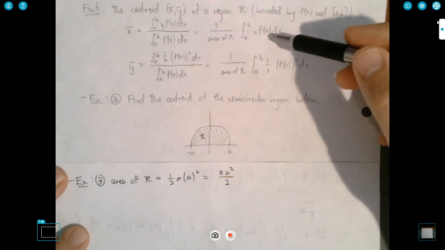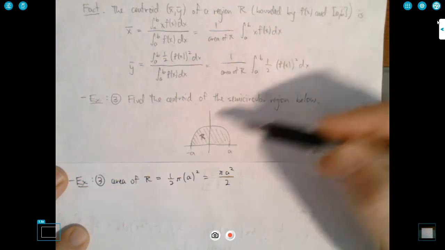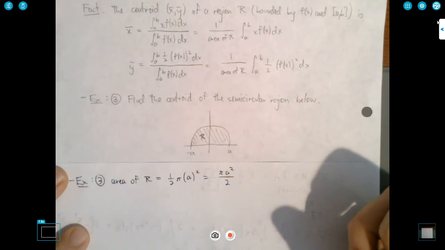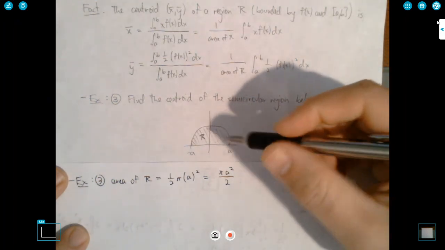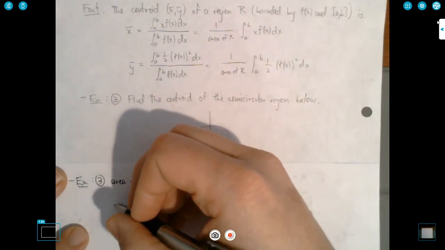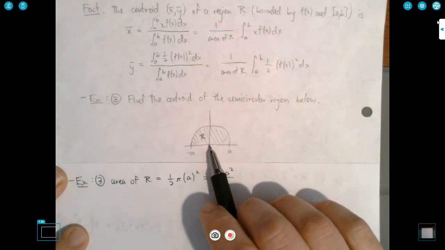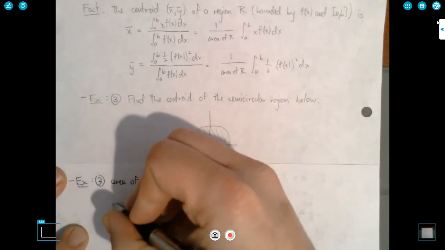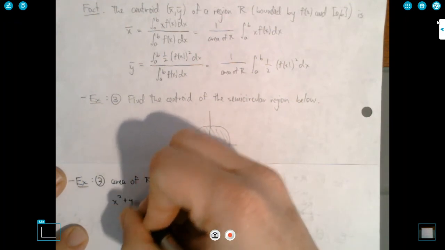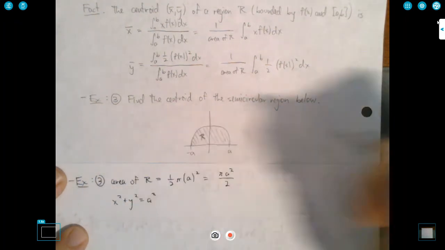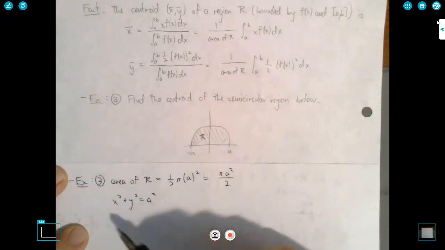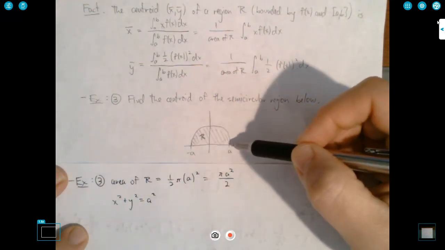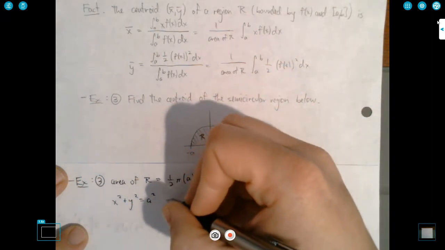For the rest of it, we need to figure out what f of x is. We need to figure out what this function is. So for a semicircle, this is a circle centered at 0, 0 with radius a. So the equation for the circle would be x squared plus y squared equals a squared. But of course, we don't want the whole circle, we just want the top half of it. So we'll solve for y and take the positive square root.